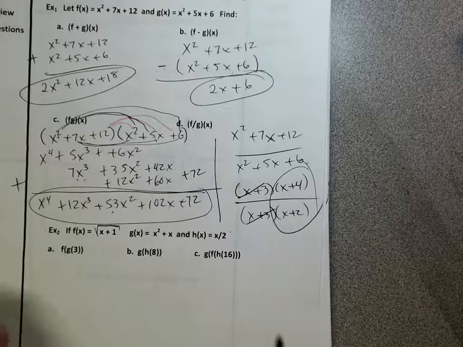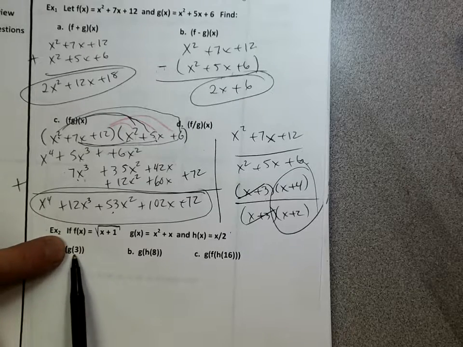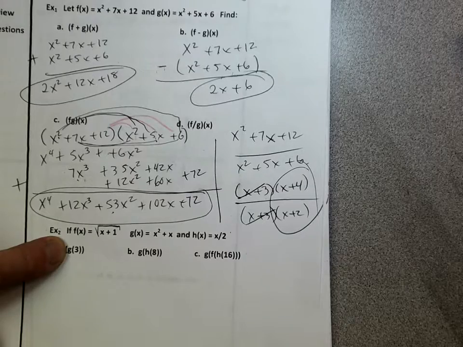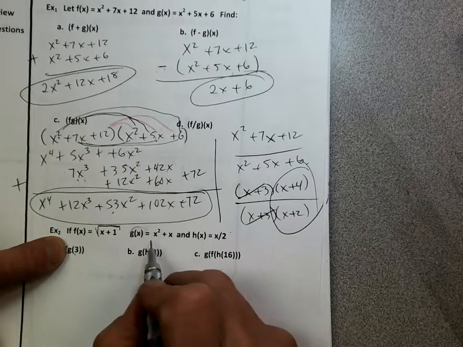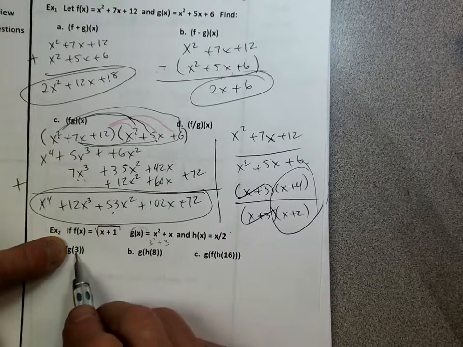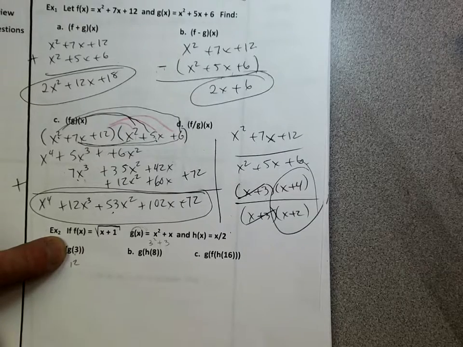Everybody watching? So we work from the inside out. g of 3 says plug 3 into g. Here's my g graph, so I'm going to go 3 squared plus 3. That's 9 plus 3, so that's 12. You okay with that?